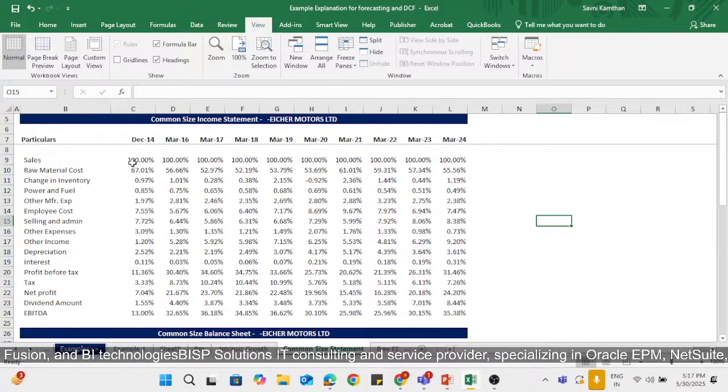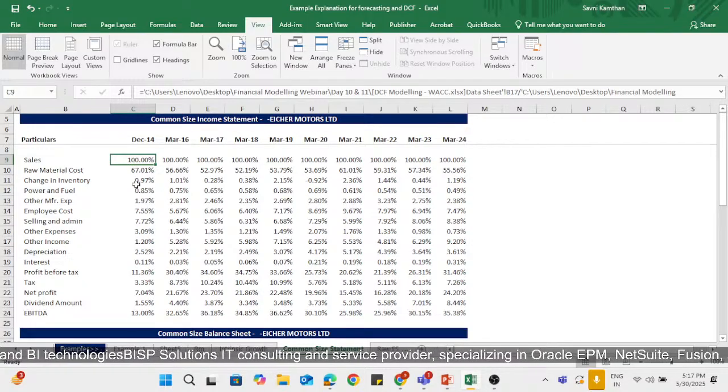So as I have told you all earlier, my sales is 100% because I have given $ sign, which is absolute anchoring, to my sales, which is directly linked with the financial statements I have prepared and the data I have downloaded from screener.in.